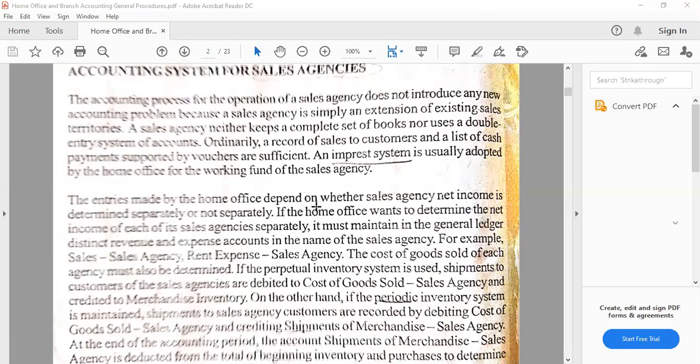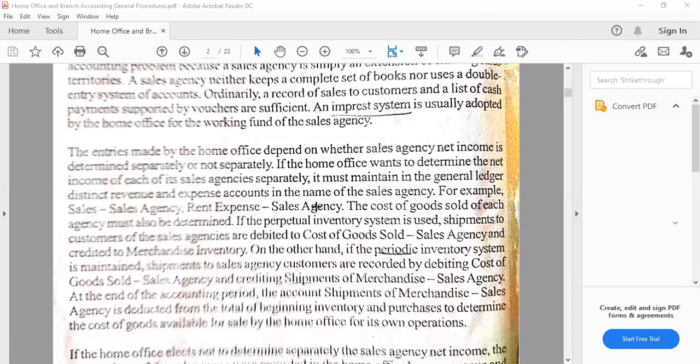Again, note that sales agencies do not keep their own books of accounts. So the home office will just have to use the account titles regularly, just like we have known from Accounting 1, the basic fundamentals of accounting. But then we are going to attach the name of the agency. So you can see here sales slash sales agency, rent expense slash sales agency. What's the point of that? We would like to know whether those accounts belong to the agency.